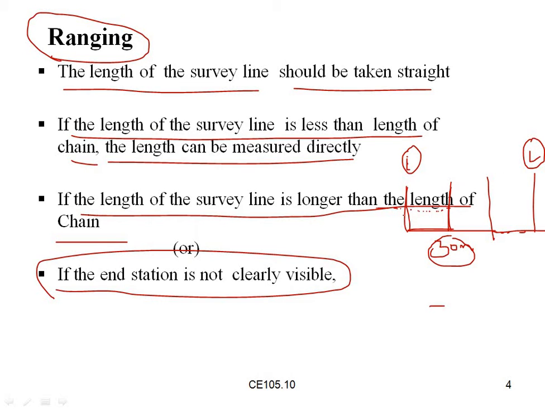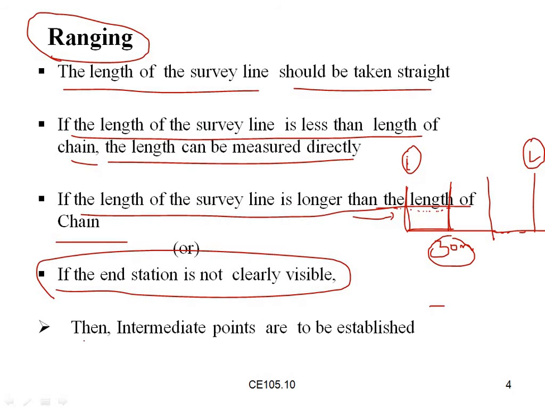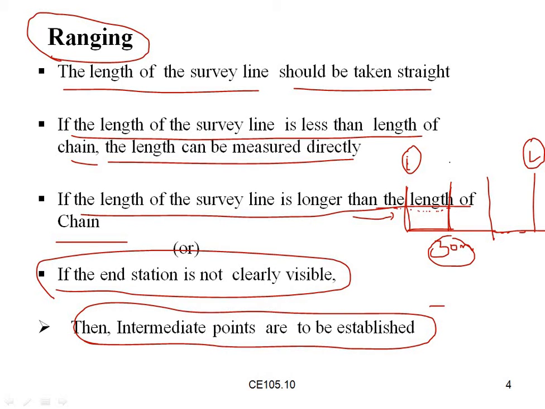If the last station is not visible, we can directly bisect the ranging rods from 1, 2, 3, and then the last will automatically be straight by ranging a line with the naked eye. This is called ranging, or direct ranging also. Then intermediate points are to be established, the points in between.